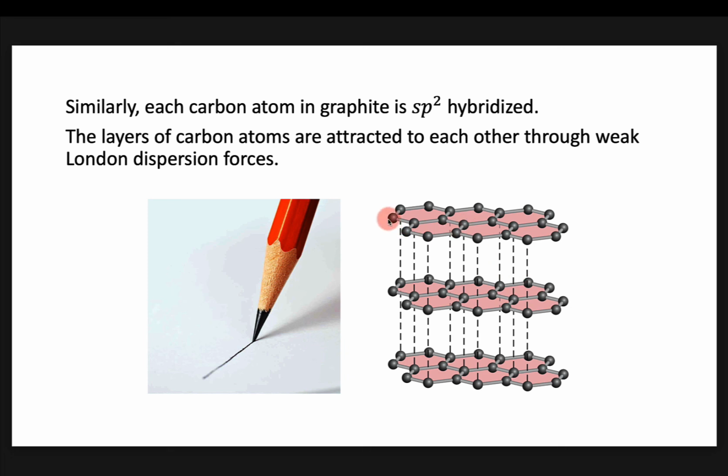If you had just one layer, you would have a sheet of graphene. And so it's basically a very strong sheet that can conduct electricity. So a lot of people think that these are the materials of the future. You might well see graphene and carbon nanotubes being used for different things in the coming decades.